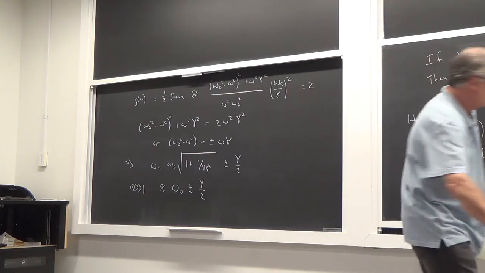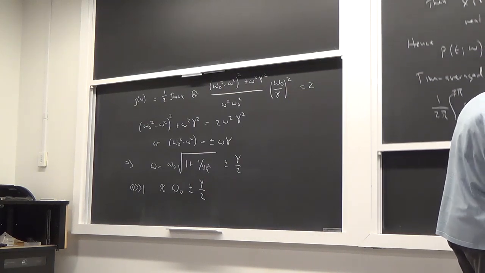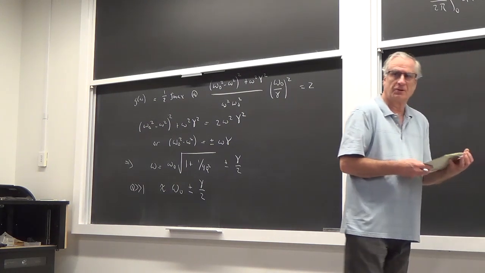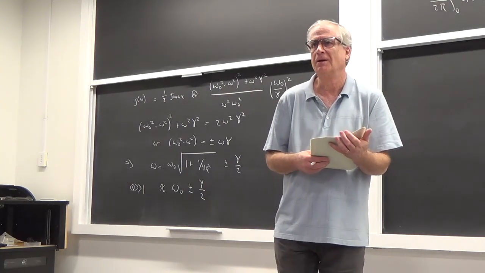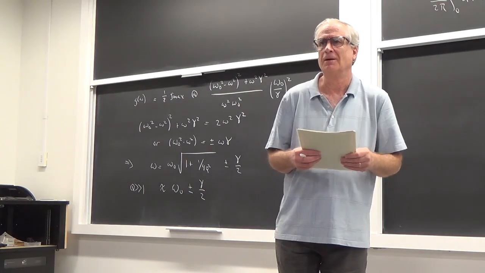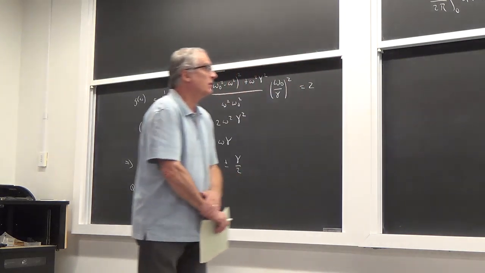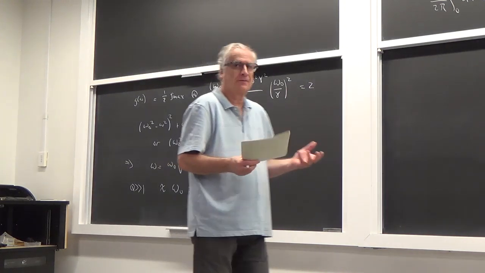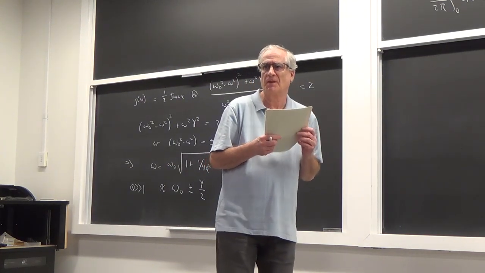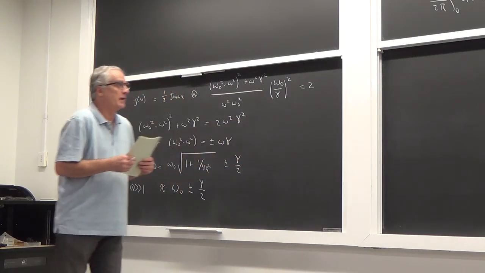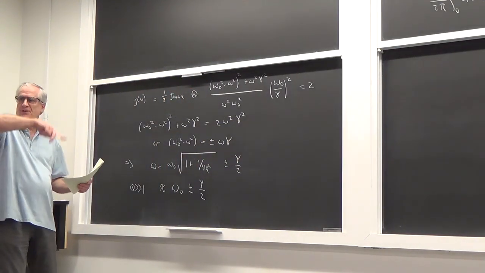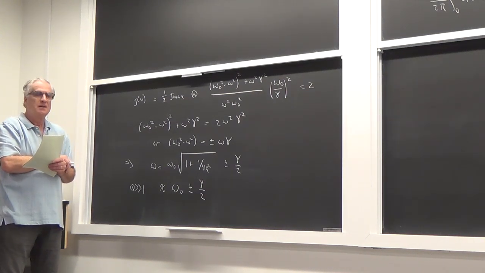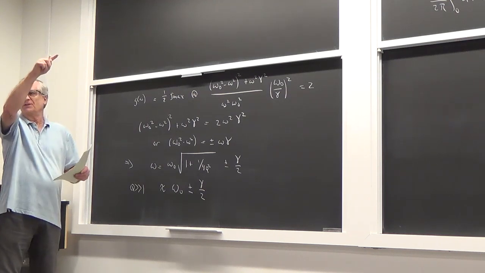So let me just draw a graph of it. Can you explain again why we're looking for g of omega equals 1/2 g max? So g of omega is effectively my time average power, and I just want to characterize the frequency response curve of my power dissipation. One characteristic is where it peaks.